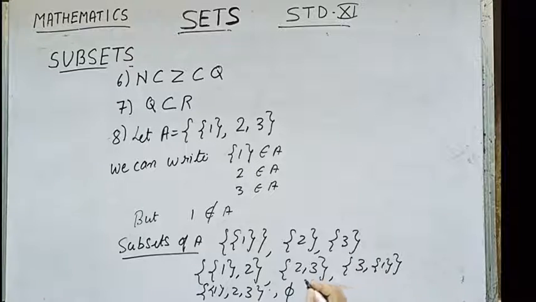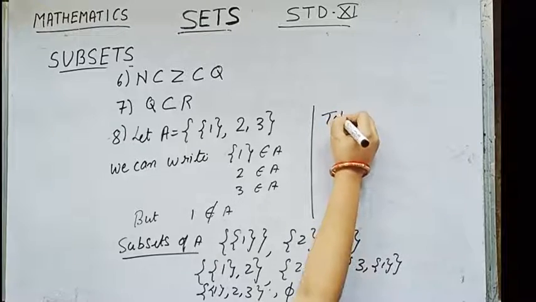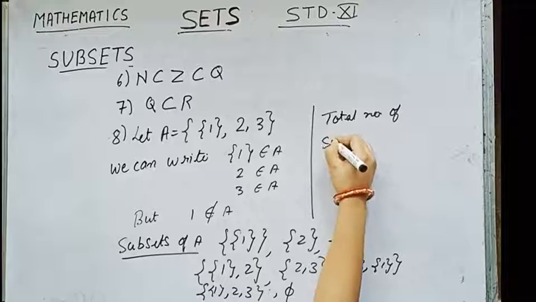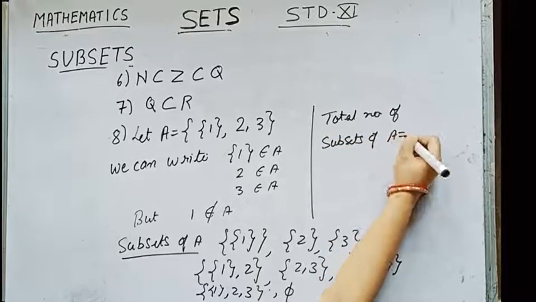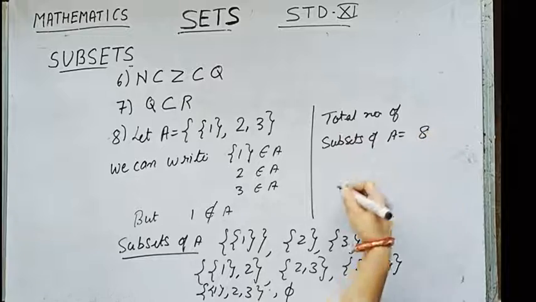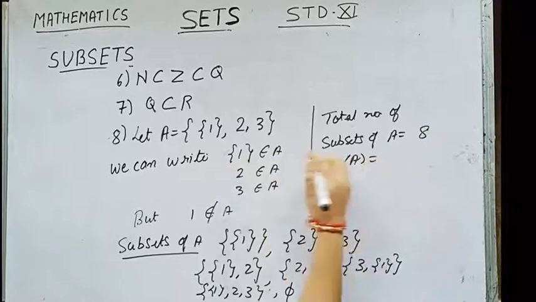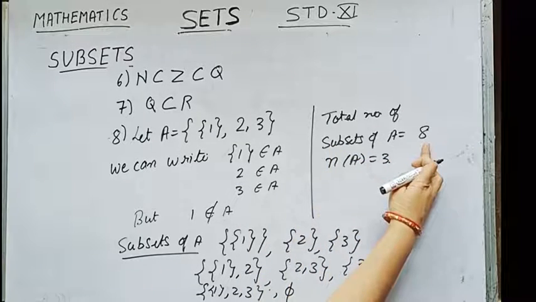So we can say the total number of subsets of A over here is 8. And the number of elements of A equals how much? 3. And the subsets of A is 8.